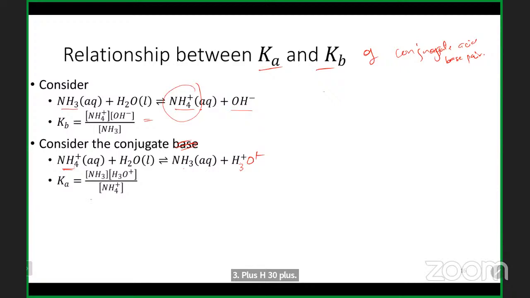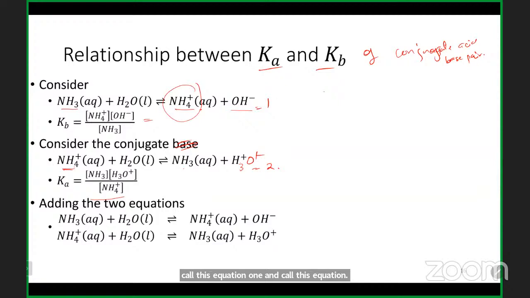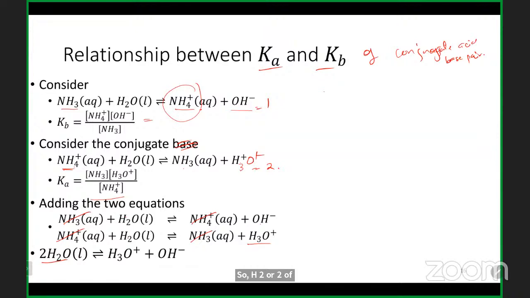This is the acid dissociation constant. Let's call this equation 1 and this equation 2. If we add the two equations together, NH3 cancels NH3, NH4 cancels NH4. So here we now have 2 H2O, plus OH minus, plus H3O plus.